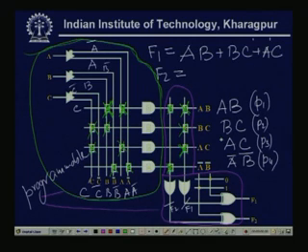So, P1 plus P4, and P1 plus P4 is AB plus A bar B bar. So, these are the two functions F1 and F2. Now, some more modifications I can do here.